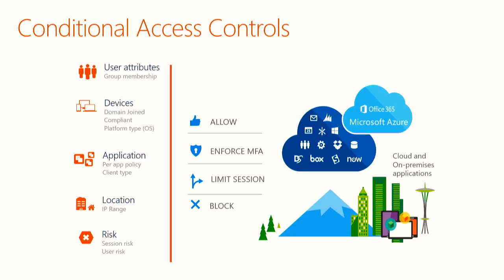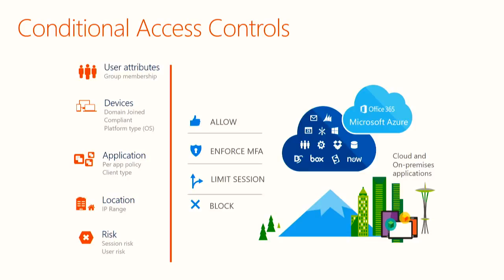What's the device they're on? What's the platform, the OS? Is it compliant with our security policy? Is it part of our domain? What's the app, obviously? Where are they coming from? Are they at work, or are they coming from somewhere outside work? And what's the risk associated with this? For example, are they coming from a known botnet? Have they done some impossible travel or something like that?